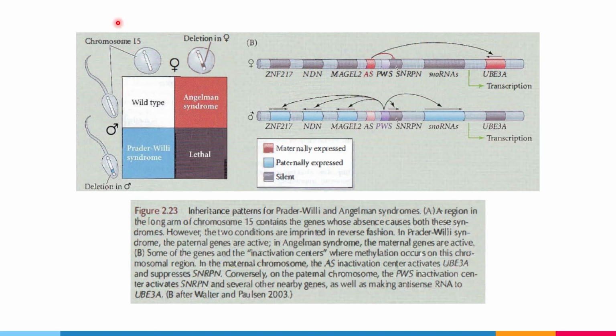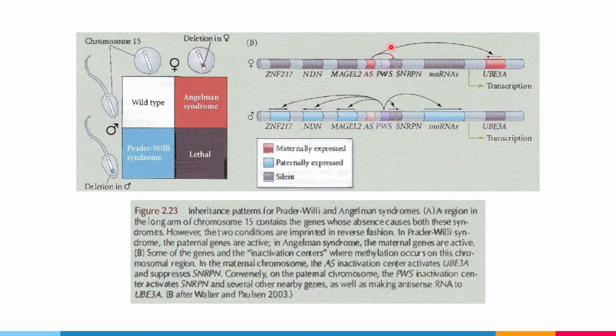So if a deletion occurs in chromosome 15 which inactivates, say, this entire portion of the chromosome goes missing, the other chromosome cannot essentially provide the particular genes which are needed even though it has them, because they are completely silent due to methylation.